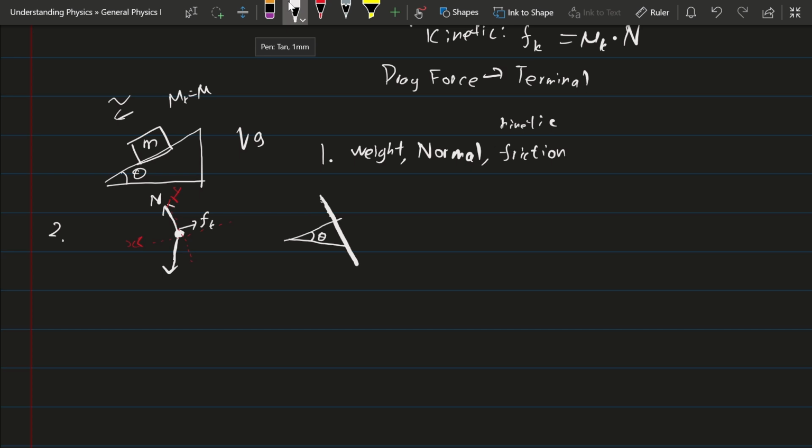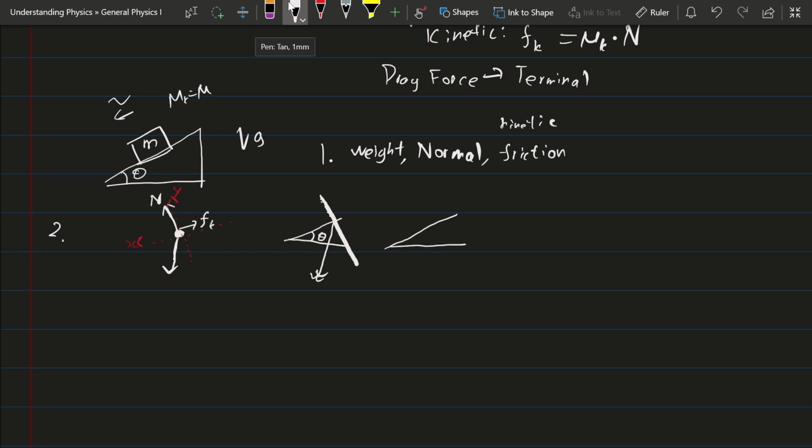So we want to figure out how we know what this angle is in relation to the other axis, which is the weight. One way to do this is a geometry problem. Let me try to draw this better.